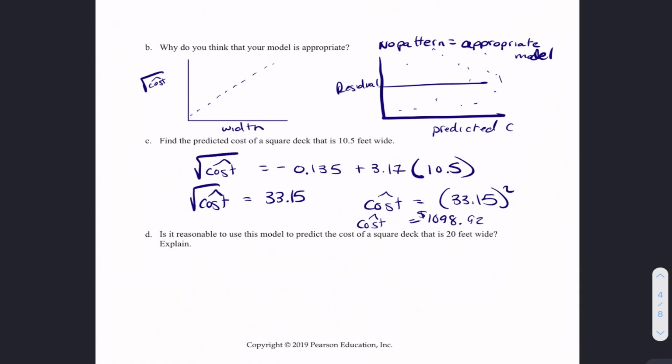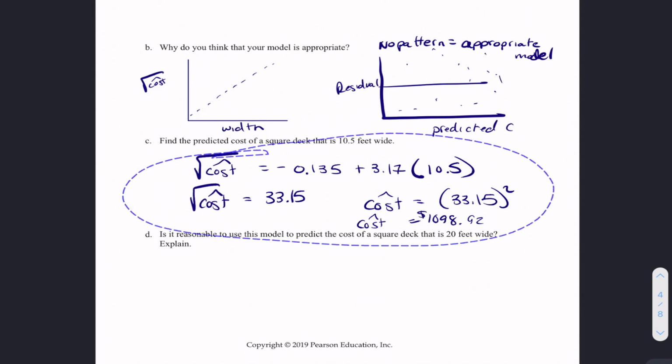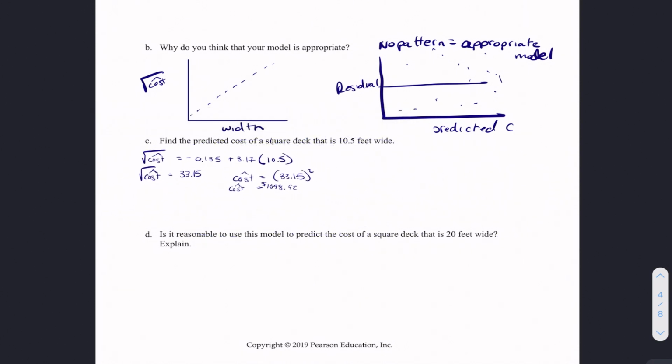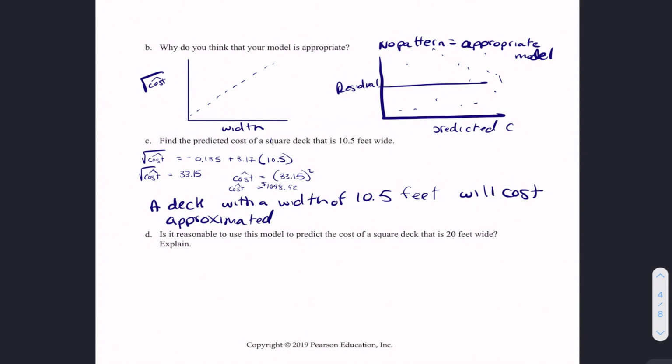So since we always write out a sentence and we are not going to just leave our values as numerical, a deck with a width of 10.5 feet will cost approximately, squishy words, $1,098.92.